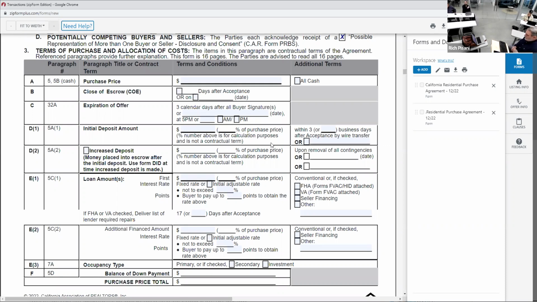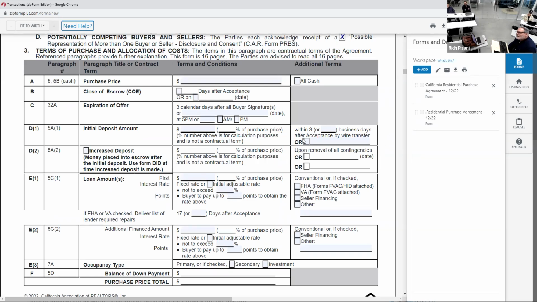Initial deposit. Now we always want to see 3% of the purchase price. And I will explain that with something that's coming up later. But 3% of the purchase price is the initial deposit amount. And this is the only place in this contract that works on business days.